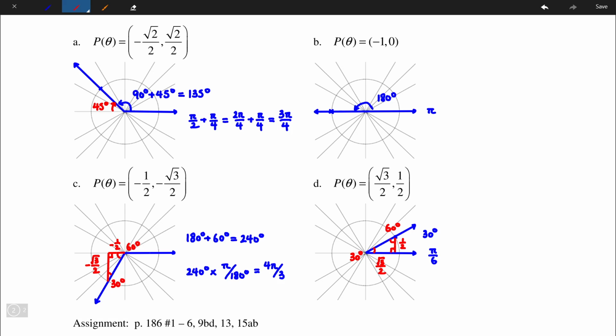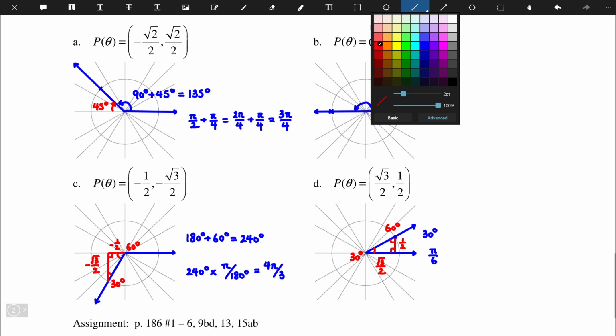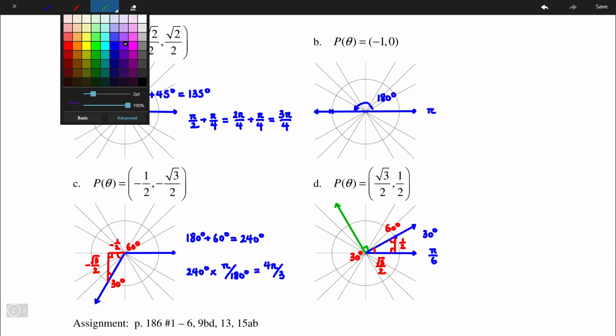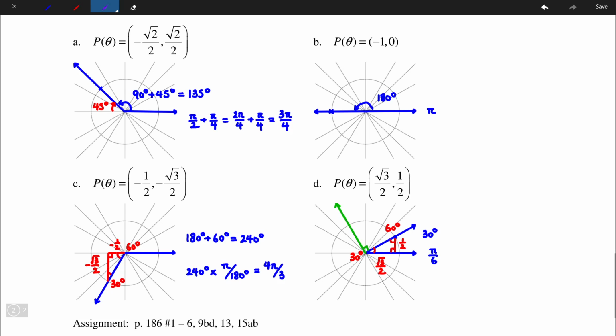So as a quick side note, in some of the homework questions, it does ask about what happens if we add 90 degrees to the angles that we have. So if we added 90 degrees, it will suddenly be in quadrant number 2. Okay, which is going to be here. And then the other piece of information of note is that the reference angle, so this is 90 degrees in between, so the reference angle on the other side is going to have to be 60 degrees.